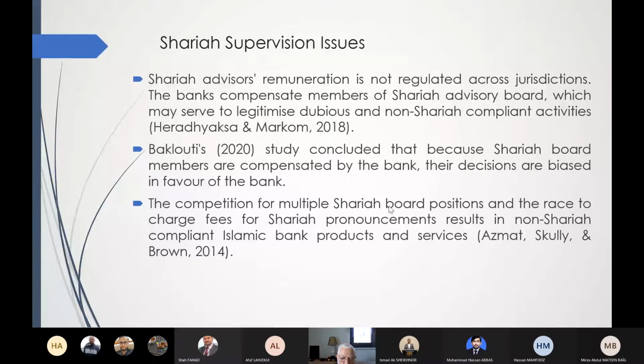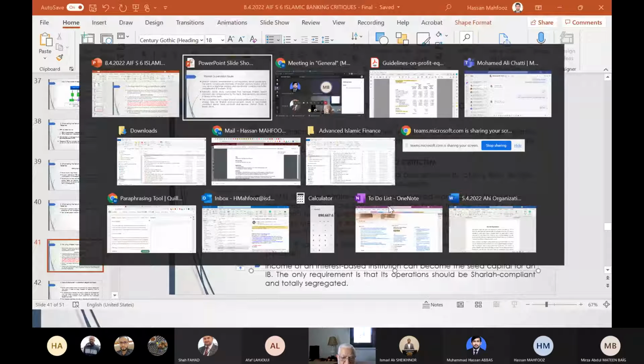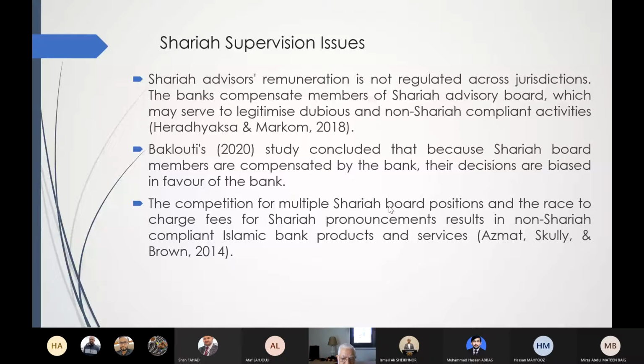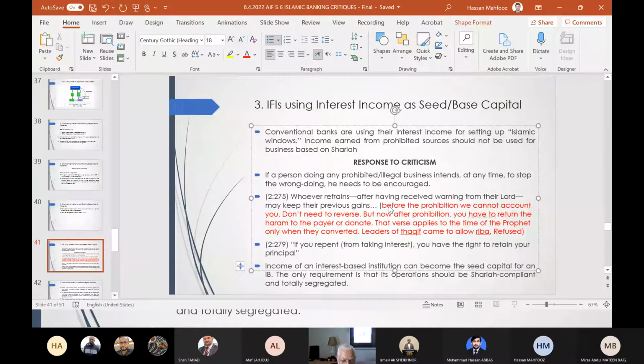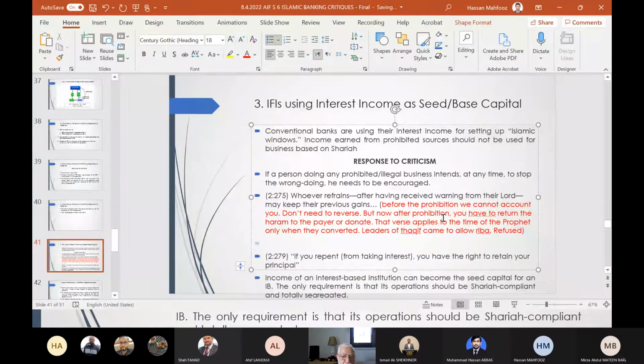Islamic windows are permissible for conventional banks, and the money they put in as seed money for this window remains owned by the main bank, the principal bank. That window is permissible whether they assign an amount for it or it uses the same resources and deposits that are put even on an interest basis, as long as they don't pay interest on that.